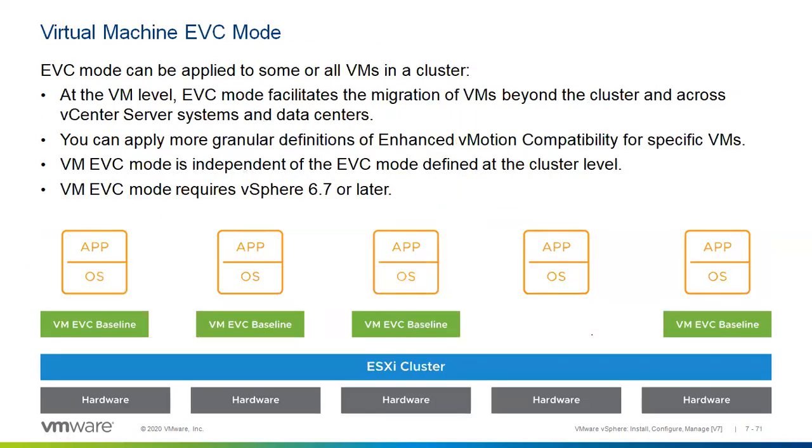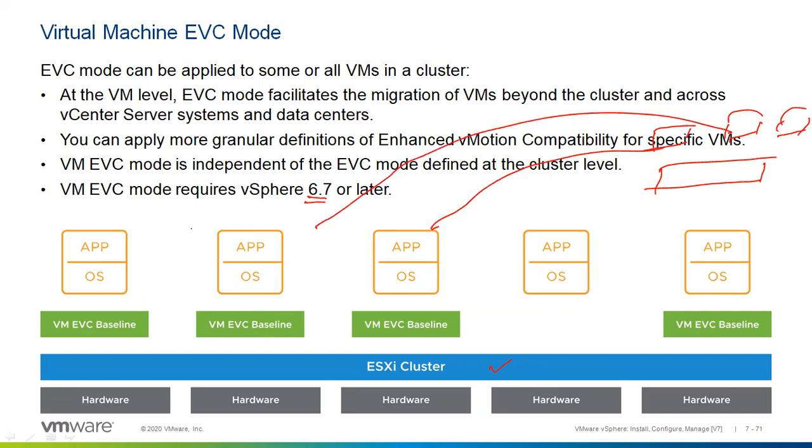Okay. So virtual machine EVC mode, that's what I told you. You can enable the EVC mode on an independent virtual machine level also. It comes from 6.7 onwards. The primary use case for VM level EVC is, for example, today I have a cluster and tomorrow I build a new cluster and we want to migrate VMs from here to there.